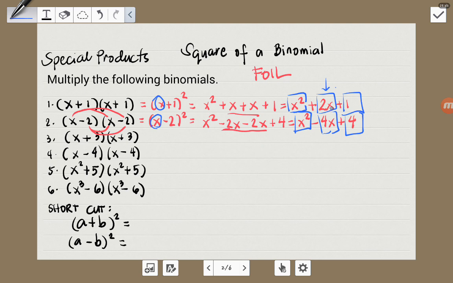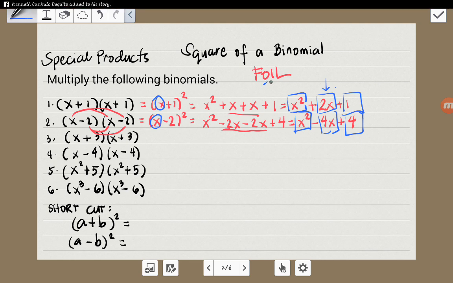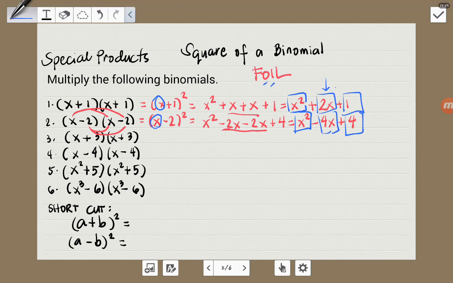Yung middle term natin ay 2x. Bakit siya naging 2x? Kasi, yung product ng outer term at ng inner term ay parehas lang. Di ba x times 1, x, inner term, 1 times x. Magkaparehas din yan, parehas din sila yung product. So, times 2 mo na lang, twice ng product ni x at ni 1.